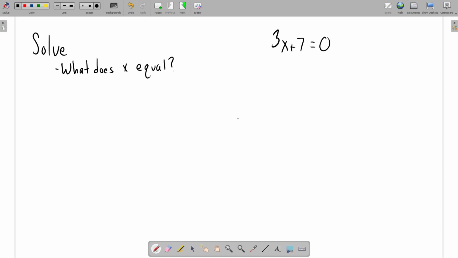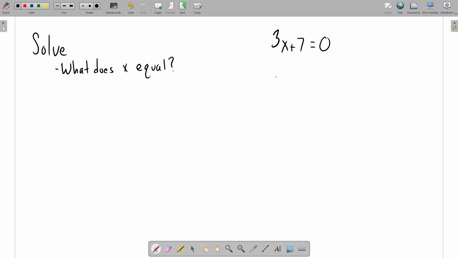So before we start solving quadratics, let's take a step back and remember what the word solve means in terms of mathematics. Solve just means, what does x equal? So if we think about a linear equation such as 3x plus 7, if we wanted to solve this for x, that means we need to isolate the x.